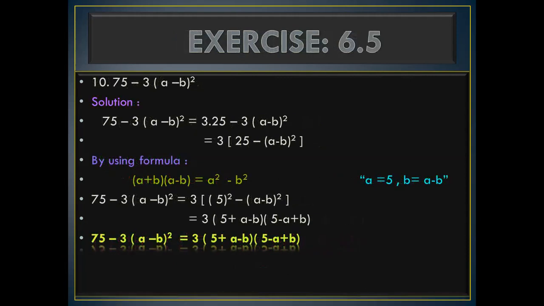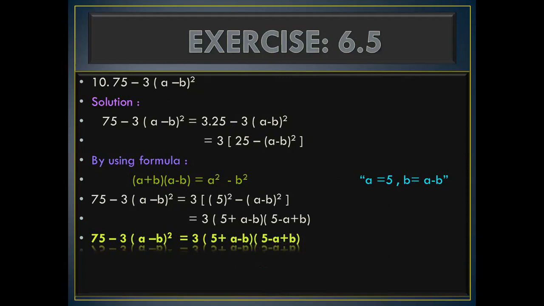Yes, come to question number 10. This is 75 minus 3(a minus b) whole square. Same condition that we have done in the previous one. In that question, the first term was a plus b, and in this question, a minus b. We consider (a minus b) as one term.